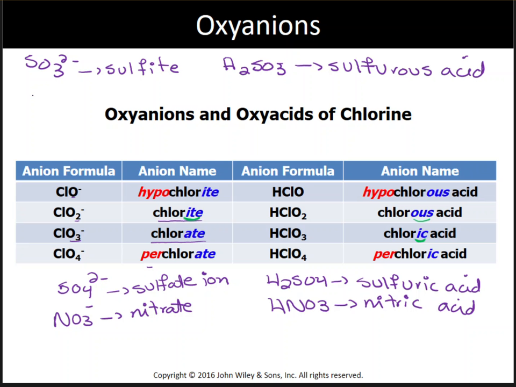Same thing with nitrite. NO2⁻ is the nitrite ion. Now when it forms acid, it becomes nitrous acid.